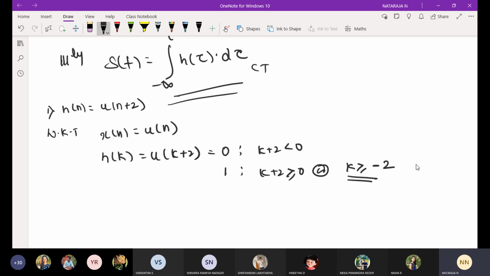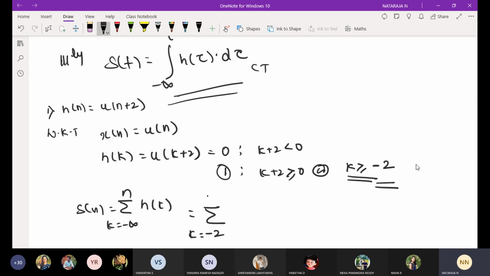What is my standard equation? My standard equation: s of n is equal to summation where k is equal to minus infinity to n of h of k. What is your h of k? u of k plus 2. Amplitude will be 1. We need to consider this because I am going to substitute this limit. That is summation k varying from minus 2 to n.